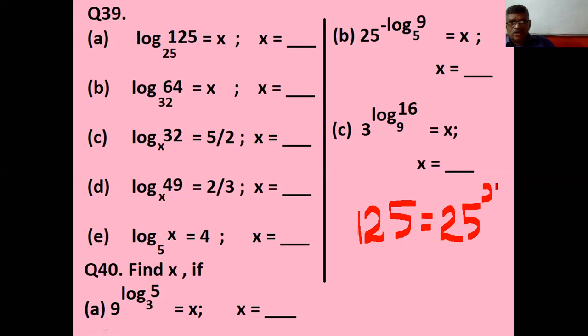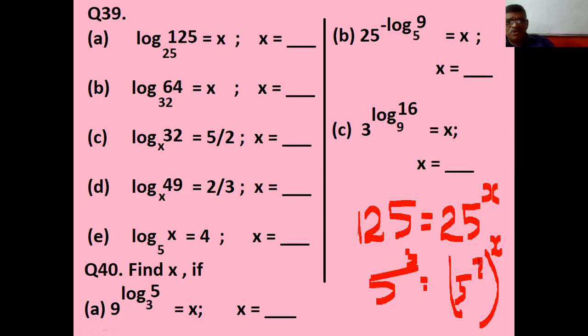Now, what I do is that 125 is 5 cube. 5 cube equal to 5 squared raised to x. Or 5 cube equal to 5 raised to 2x.